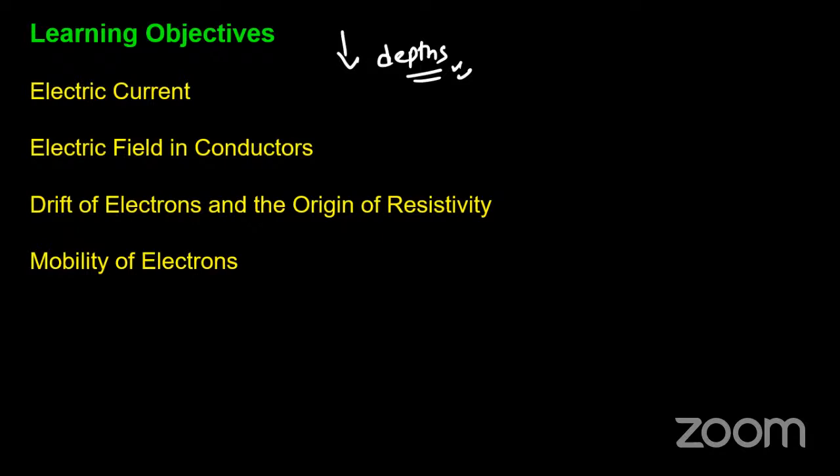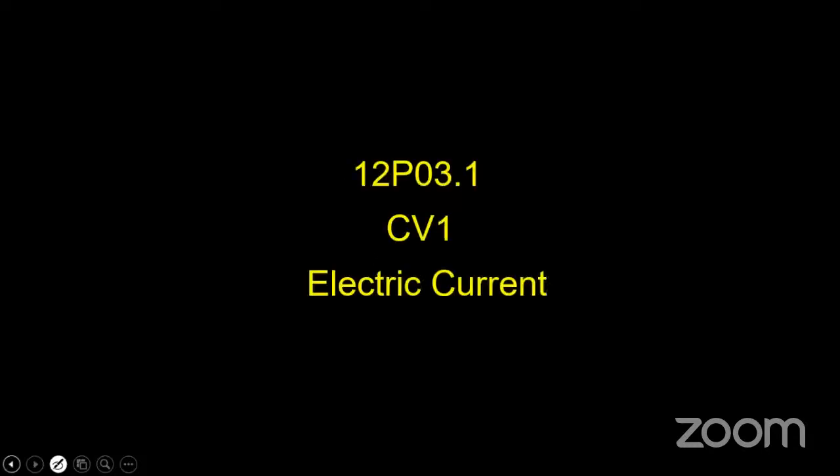So first electric current, and then we'll understand electric field in conductors. Then we'll understand drift of electrons and origin of resistivity. Then we'll understand mobility of electrons. ठीक है? Now first electric current. This is the first part, electric current.